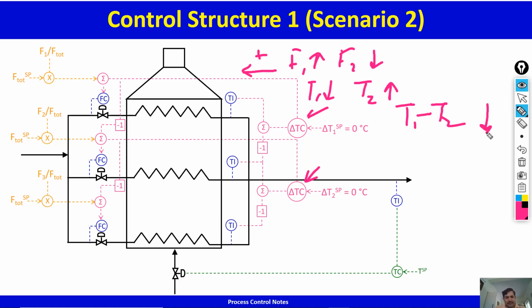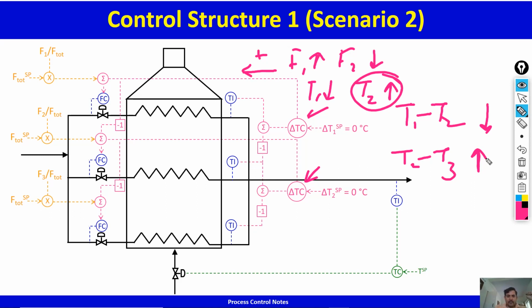Furthermore, because F2 has automatically been decreased, T2 has increased, T3 will be the same because the flow through that loop is unchanged. So therefore T2 minus T3 will actually increase. So you see there's interaction.